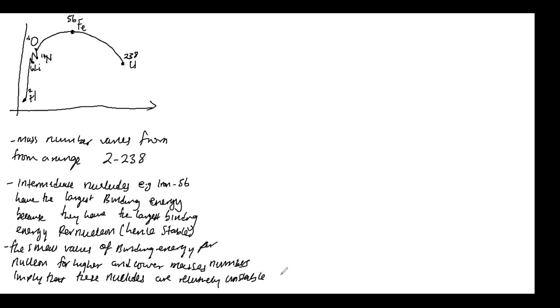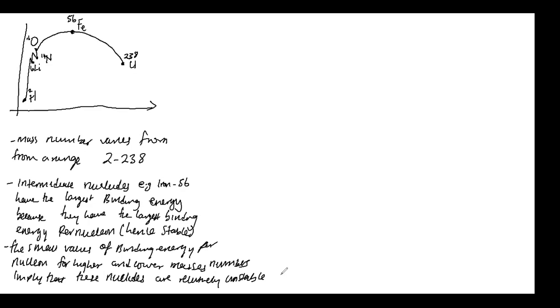What does this statement mean? That those items which have smaller values of binding energy per nucleon, for high mass numbers and for very small masses, are relatively unstable.